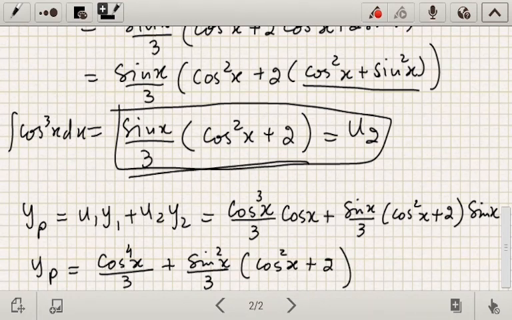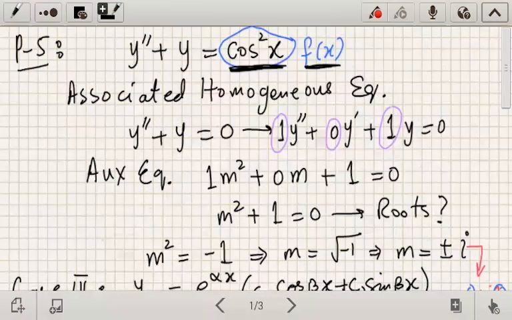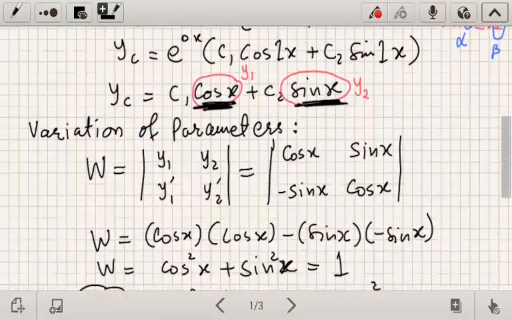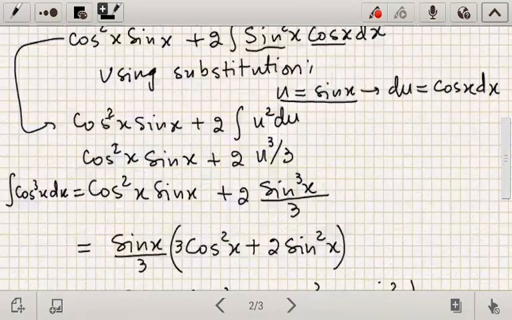This is the particular solution, and a final step would take us to the complete answer, which is the general solution y equals yc plus yp, and yc we found out here. yc is c1 cos x plus c2 sin x.